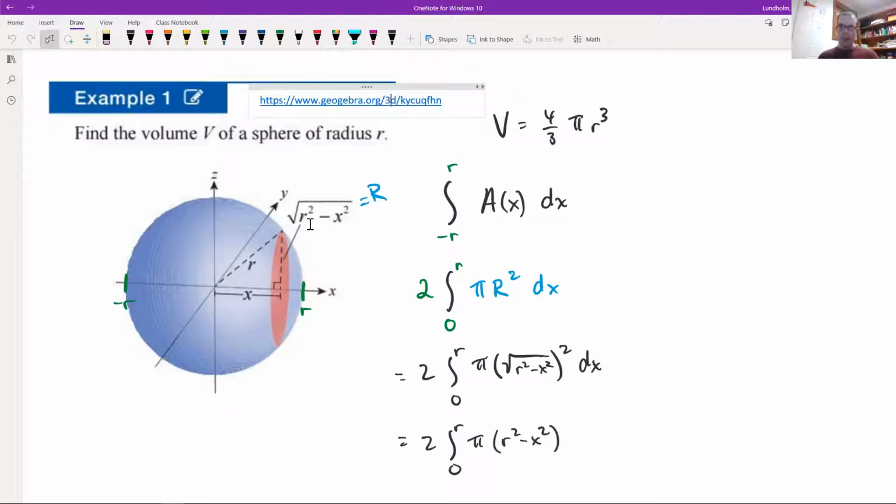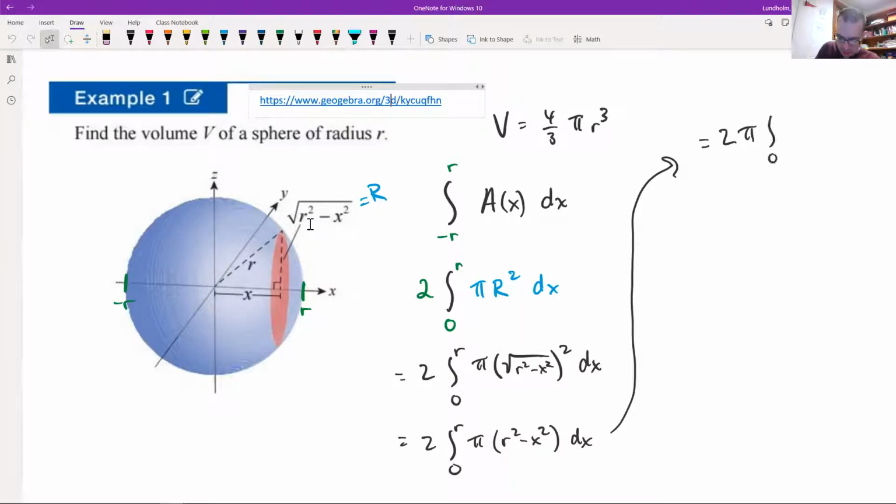Okay. And now the radius of the sphere is a constant. I mean, we can let r be anything, but the radius of the sphere is a constant. So this r we can treat like a constant. So what I'm going to do is rewrite this one more time. I'm going to bring the pi out front because that's a constant.